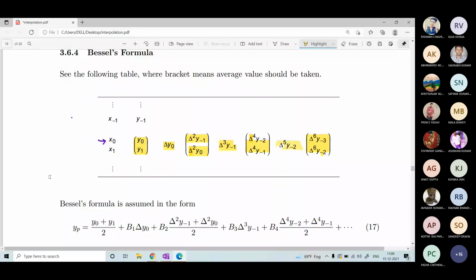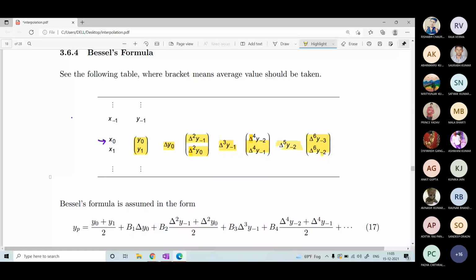The value at any arbitrary point xp is written as yp, which equals y naught plus y1 by 2, plus b1, a certain constant, into delta y naught, plus b2, a certain constant, into the average of delta square y minus 1 and delta square y naught by 2, plus b3 constant into delta cube y minus 1, and so on. So this is the general structure of the polynomial.